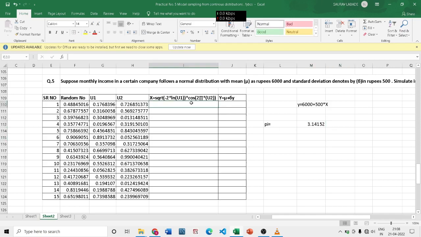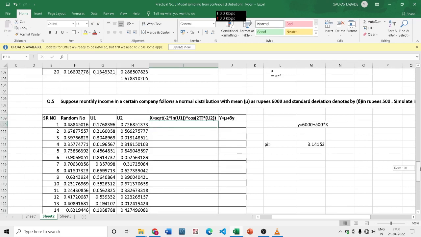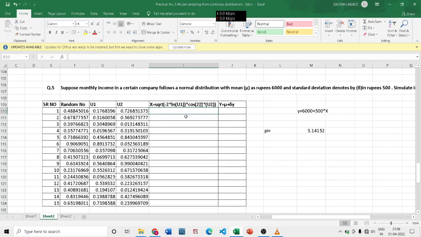I will go with the procedure now. This is equals to the square root of minus 2 into ln of the first number u1, bracket close. So this will be the square root of the term minus 2 into ln of u1.